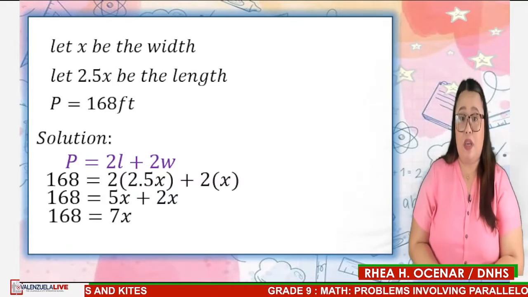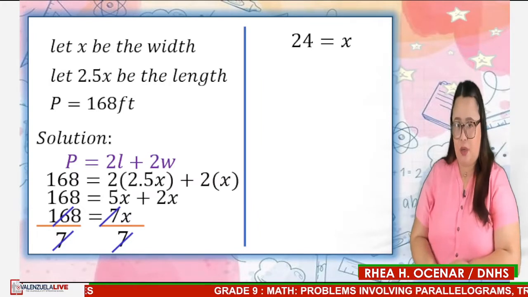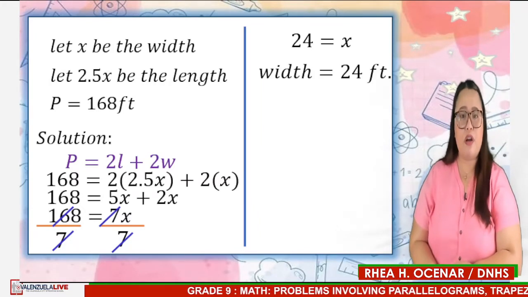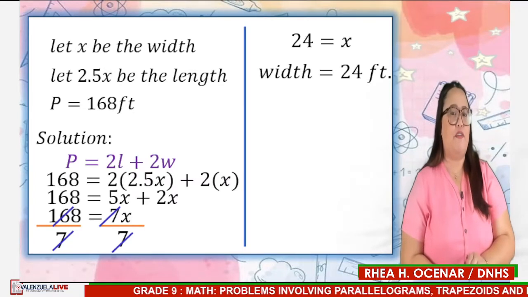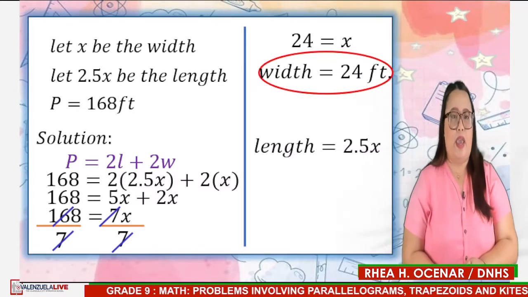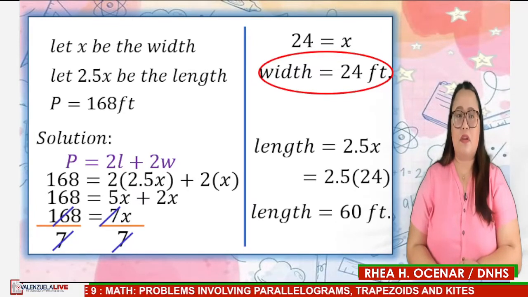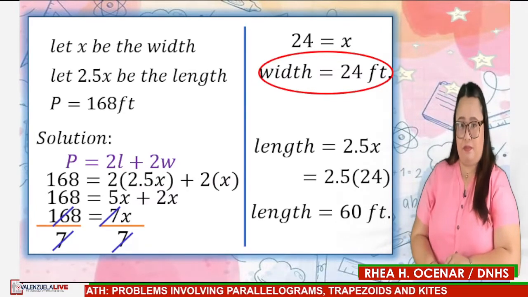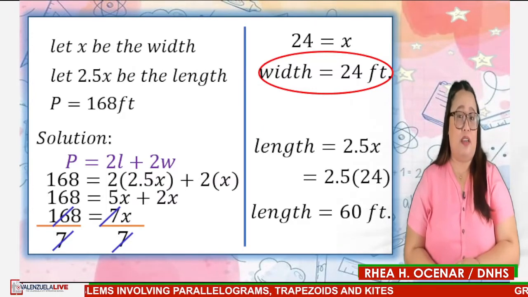By DPE, we have 24 is equal to x. Therefore, the width is equal to 24 feet, and the length is equal to 60 feet. I hope you understand our lesson today.